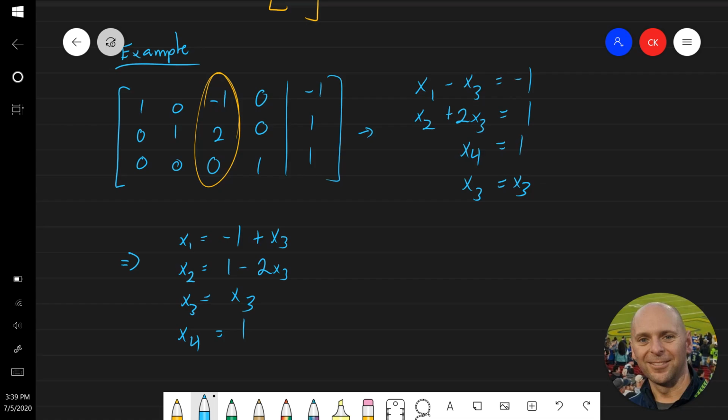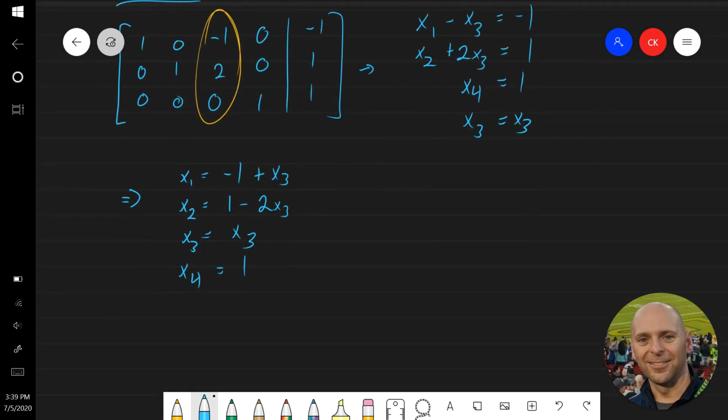But now that we have this vector form or vector representation, and we understand scalar multiplication, we can rewrite this one more time, and I can make the left-hand side into a column matrix. So this is going to be x1, x2, x3, and x4 as a column matrix.